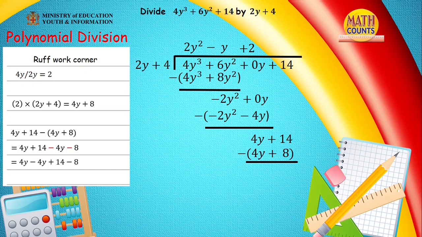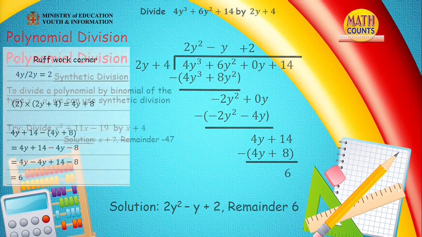And after our subtraction, we're left with 6. The solution for this question now is 4y to the third power plus 6y squared plus 14 divided by 2y plus 4 equals 2y squared minus y plus 2 with remainder 6.